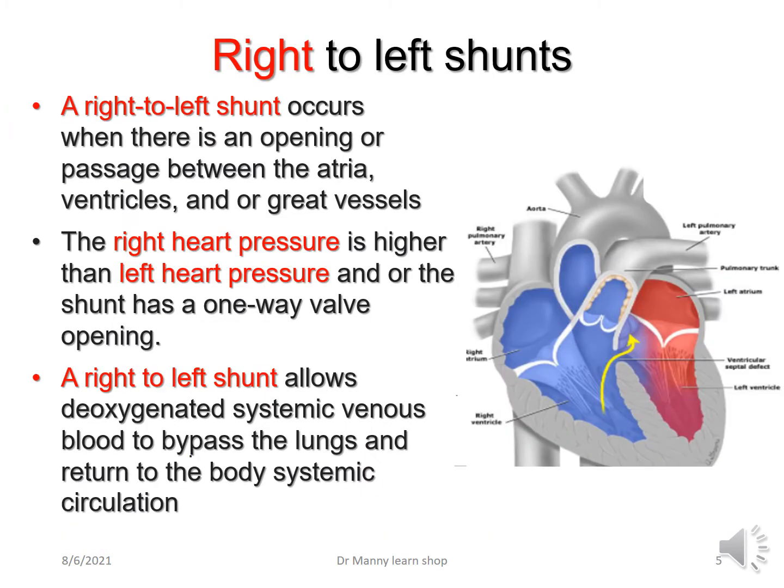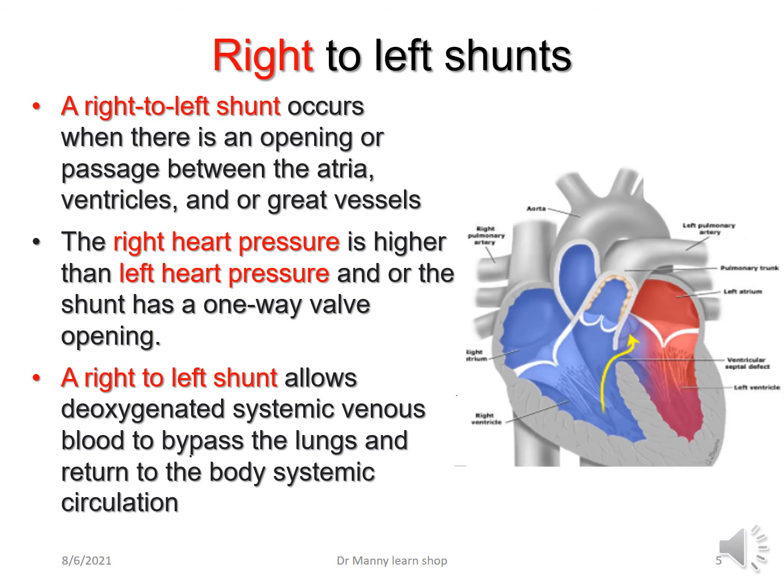Now, a right to left shunt occurs when there's an opening or a passageway or a channel between the atria, the ventricles or the great vessels, the aorta and the pulmonary artery. The right heart pressure is higher than the left heart pressure, and this results in a shunt.